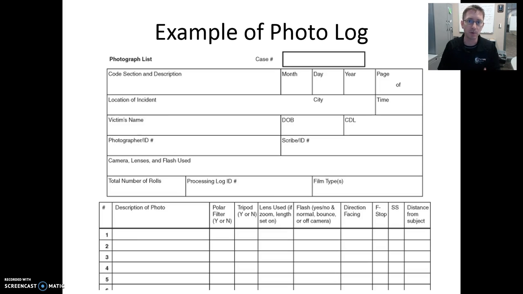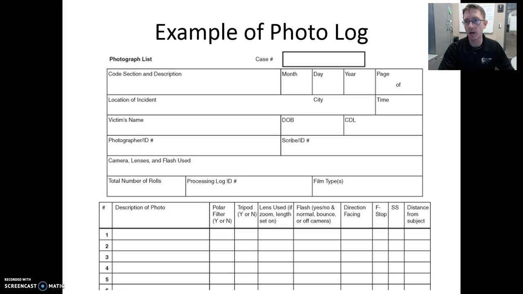So the simple photo log that we typically see, where we're looking at our case number, our date, who the photographer is, which camera you're using, which memory card you're using, and then your description of the photo. Overall photo of crime scene, overall photo of crime scene from north side of the wall, from south side of the wall, etc. This gives us all of our details, so there's no questions later on.